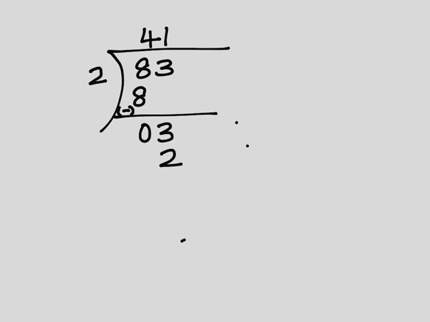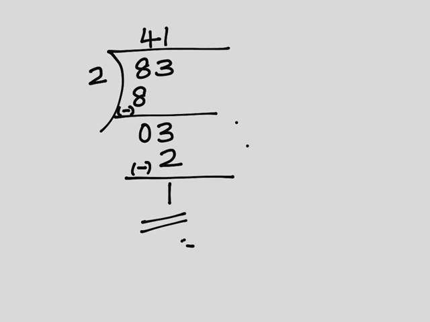So write 2 over here, and the next step is subtracting these two numbers. When we subtract 3 minus 2, we get 1. So 1 goes here. In this problem, 1 is the left over, right?